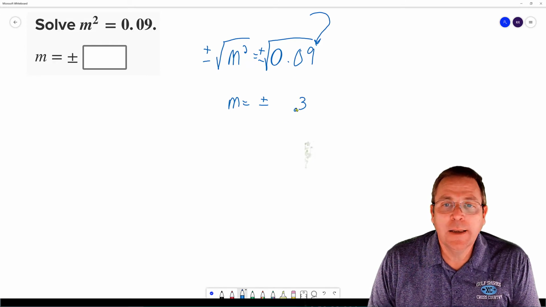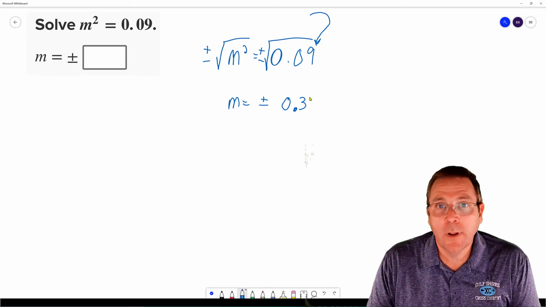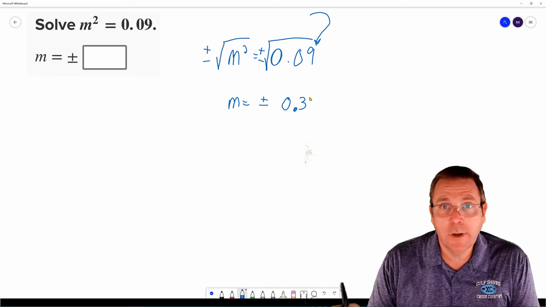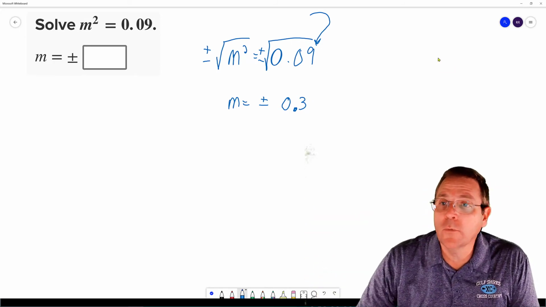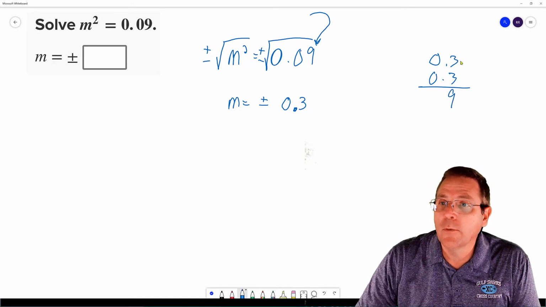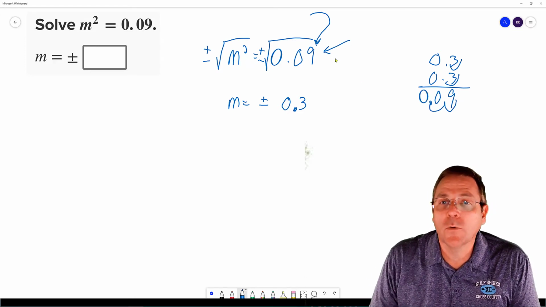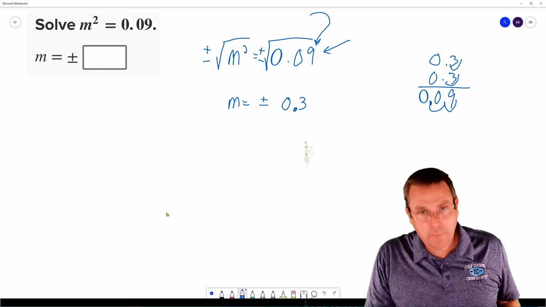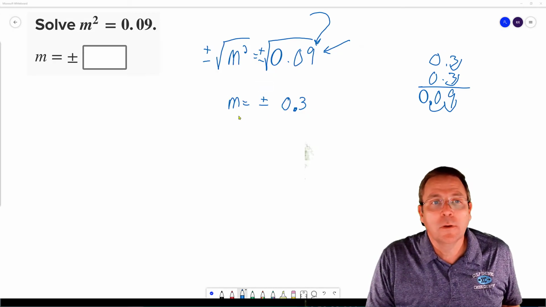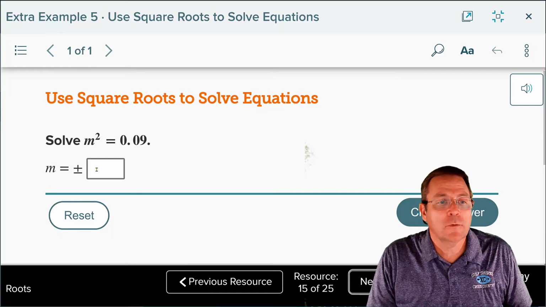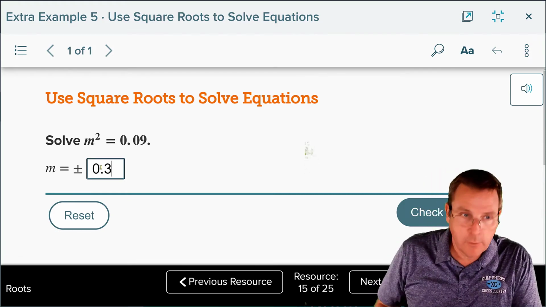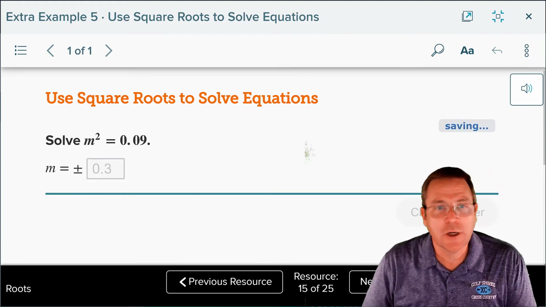So that means my decimal has to be right in front of that 3, so that when I multiply the two 0.3s, there's two bounces of my decimal, just like this. 0.3 times 0.3 equals 9. 1, 2, 1, 2. Annex in your 0, and that takes you right back to where you were right here. So our answer is going to be plus or minus 0.3, and check the answer.